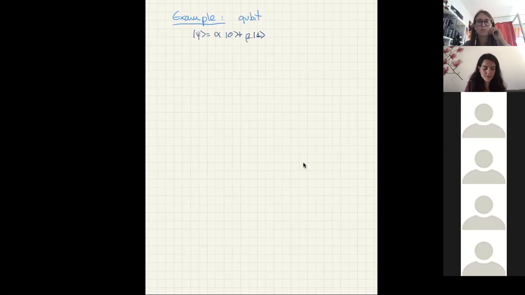For a reason that we'll find later, the modulus squared of these coefficients, which are also called the amplitudes, sums to 1. Later in the general case, it will be that the sum over x of |psi(x)|² is 1.